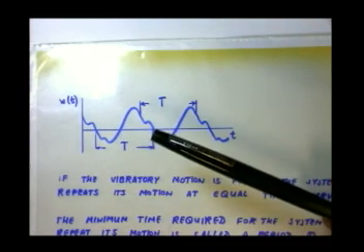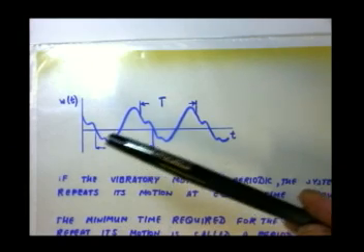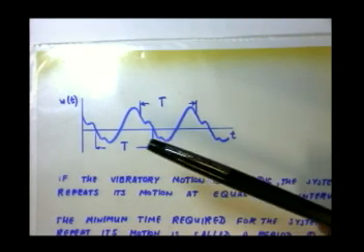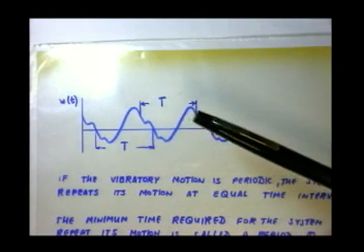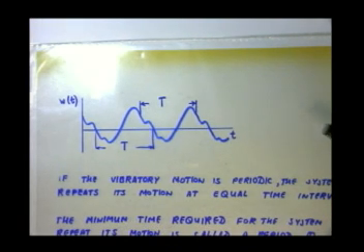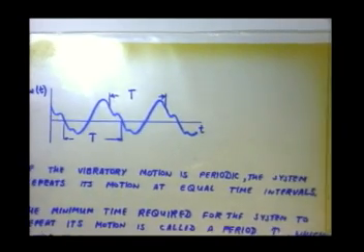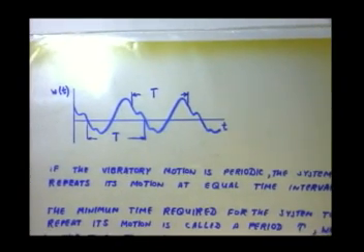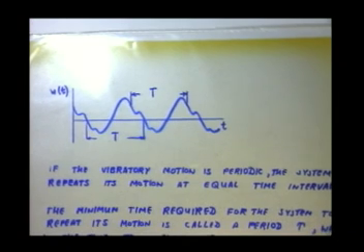And then this pattern continues or reproduces itself a second time and third time and many times. Okay? So in this particular case, we talk about vibratory motion that is periodic.